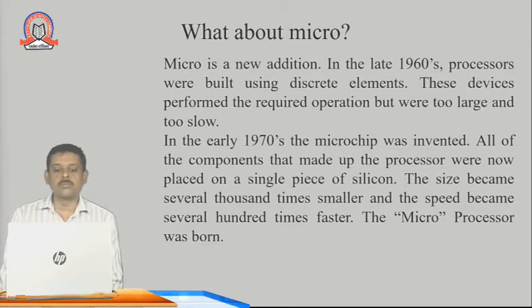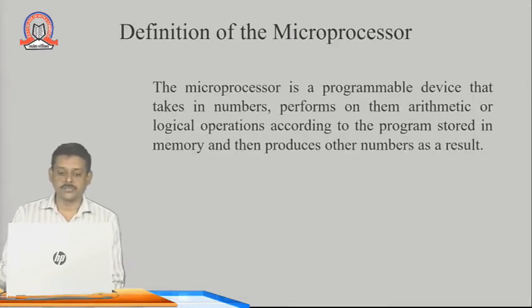All of the components that made up the processor were now placed on a single piece of silicon, and the size became several thousand times smaller and the speed several hundred times faster than the previous computers. So the microprocessor was born in the 1970s.